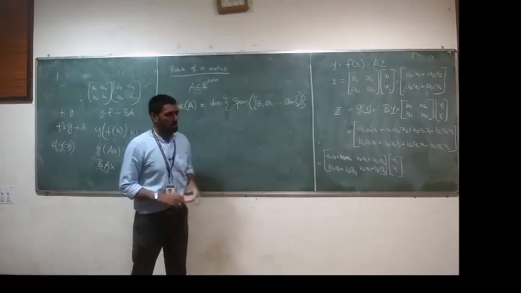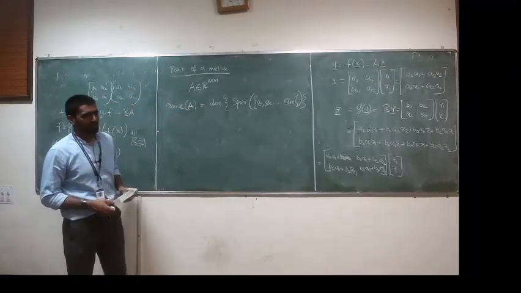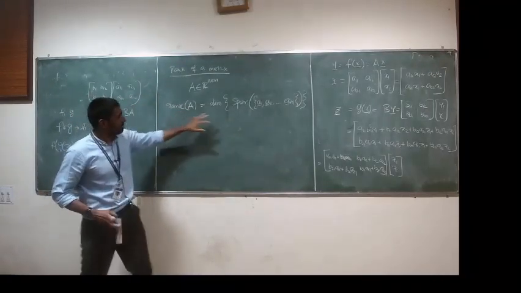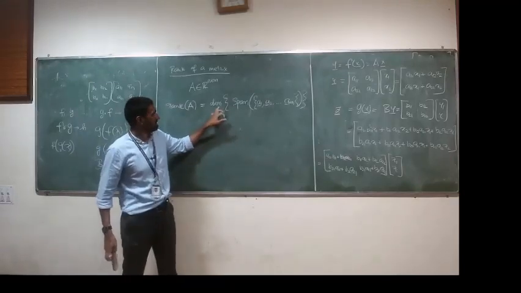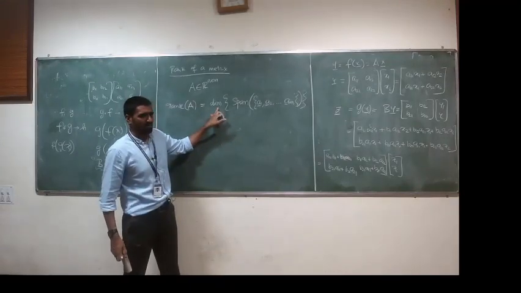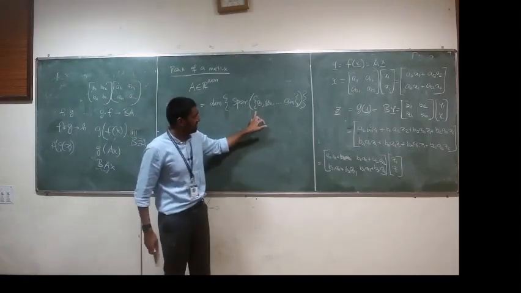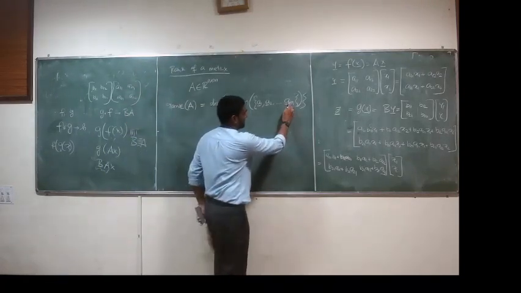What does it say? The rank of a matrix A is simply what? The dimension of the span of the columns of A.